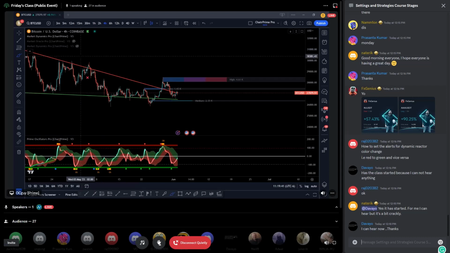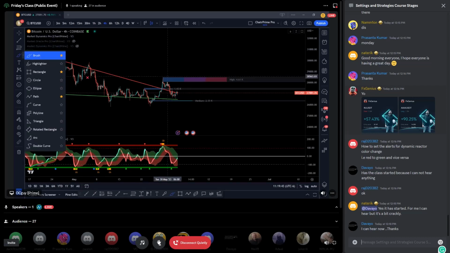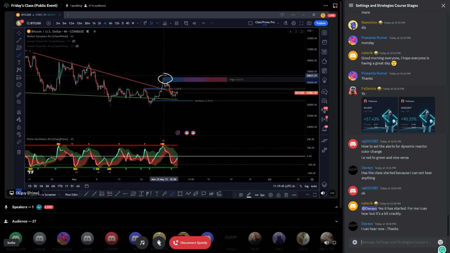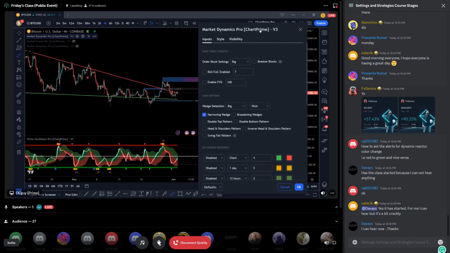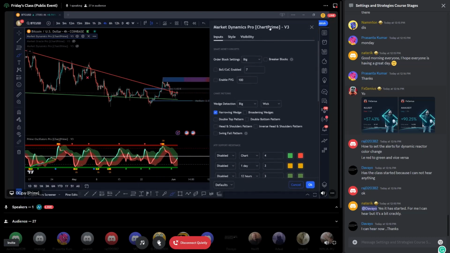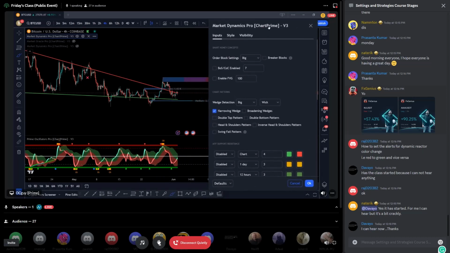So all right, we can see that we were right at huge resistance, therefore we were going down. And remember, we have already seen this formation here. Let me go back into the settings so you can see what I have. Remember, the point of this class is not for you to copy my settings, because most likely you're not gonna like them, or you might do better with your own settings.